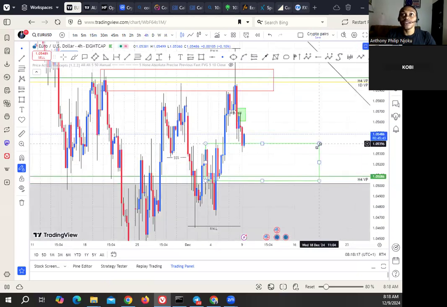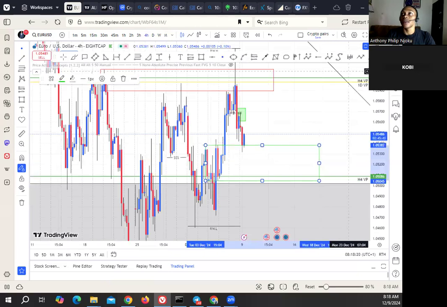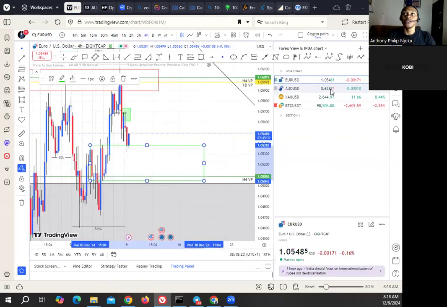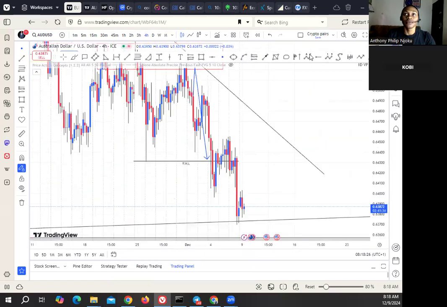Then the next is AUD USD. For AUD USD, we start with the monthly time frame first.